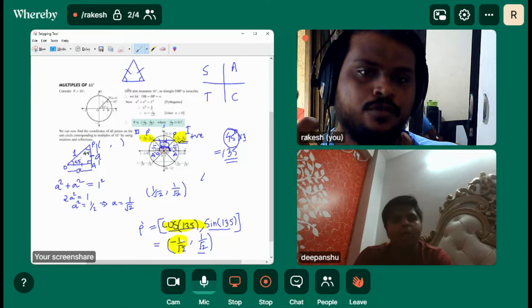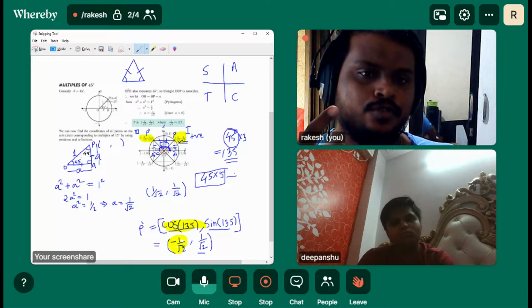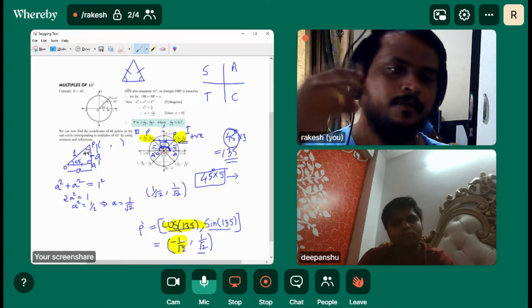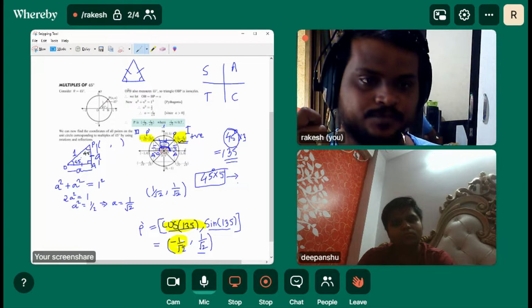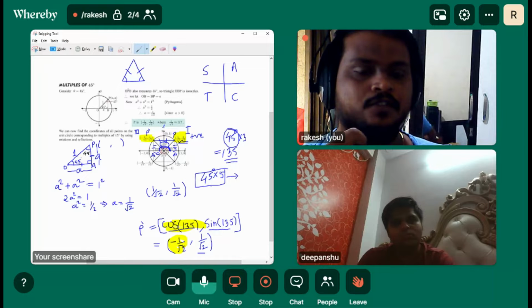If I tell you 45 into 5, you just figure out the quadrant. Where does my point lie? So 45 into 5 is how much?